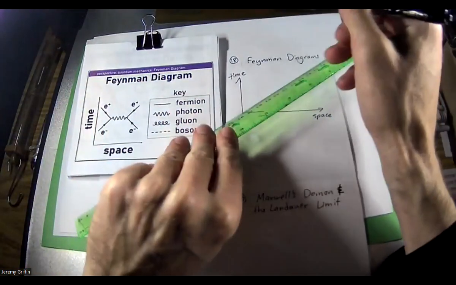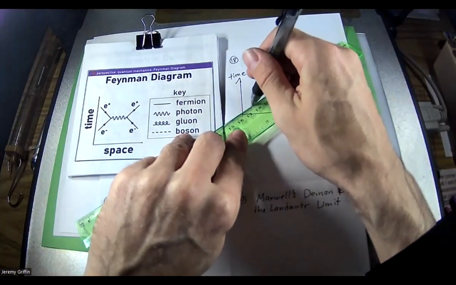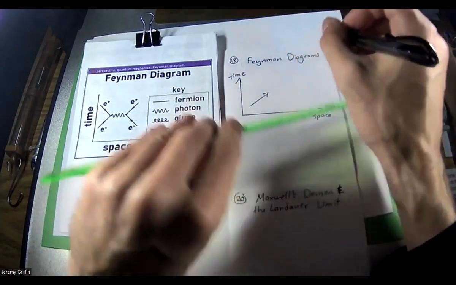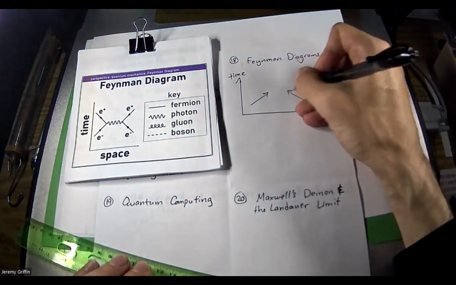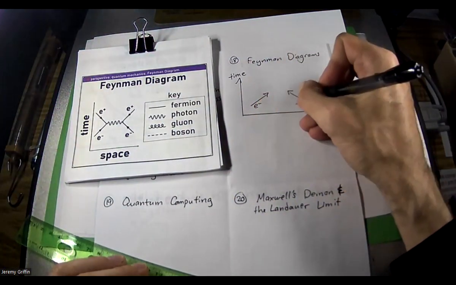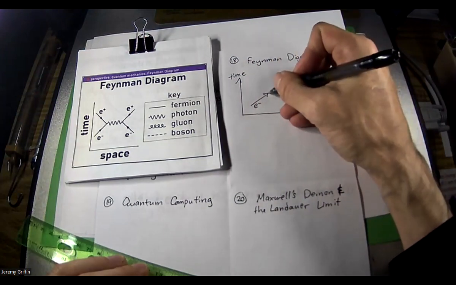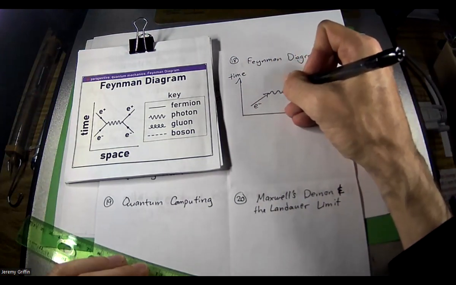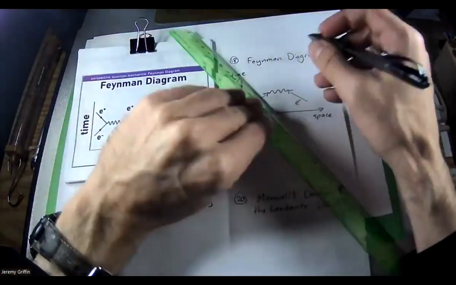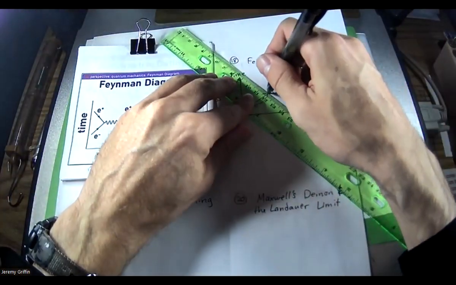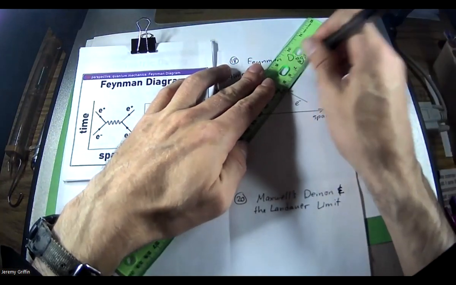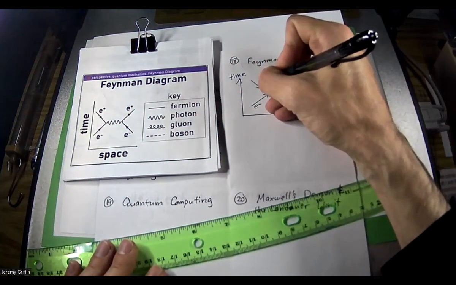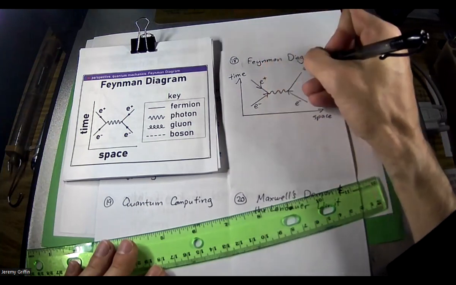I have a pretty basic Feynman diagram going here. I've got 2 electrons headed toward each other in space as time's ticking along, electron, electron. Then they collide, release a photon, and bounce away as these antiparticles called positrons, E plus.